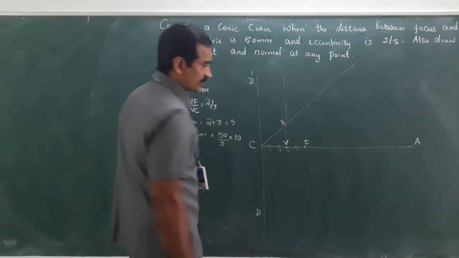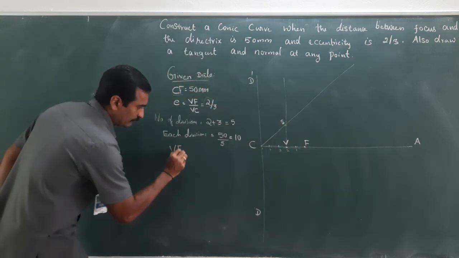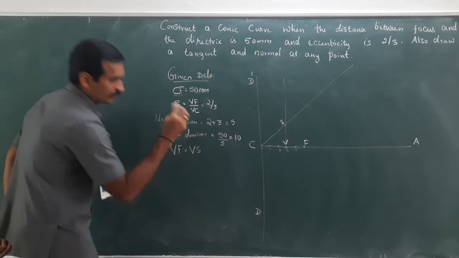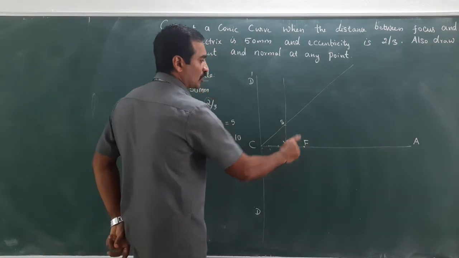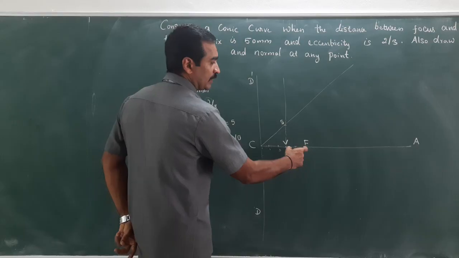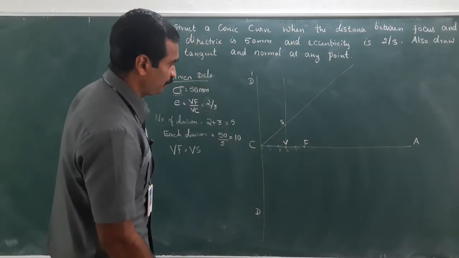Now the next point: VF is equal to VS, because I took this measurement and cut an arc on the vertical line. So naturally this distance and this distance should be the same.